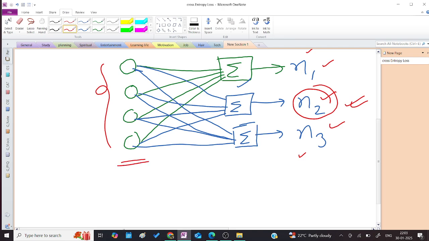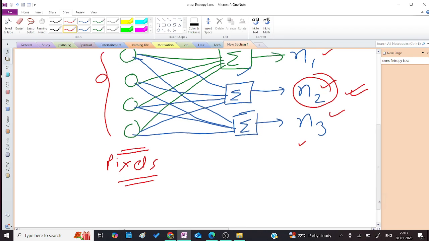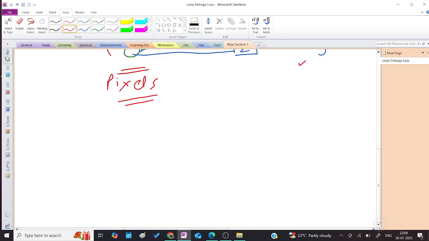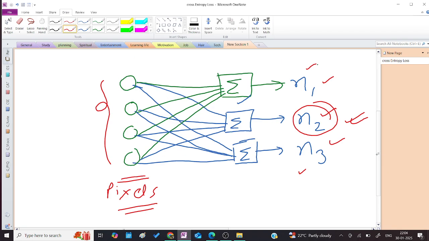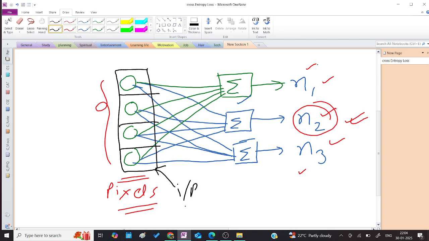A quick reminder that all these inputs are pixels, right? I hope you remember our input was the MNIST dataset. So what we can do, we can keep this entire input as one block and call it the input layer.